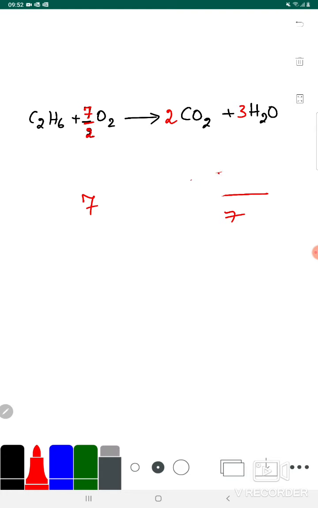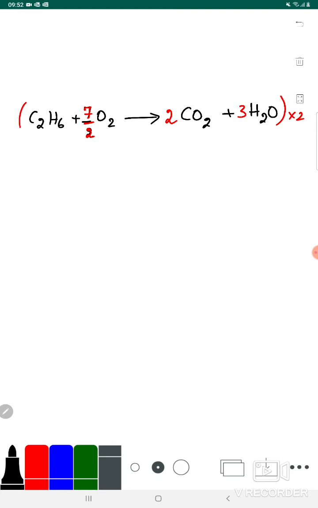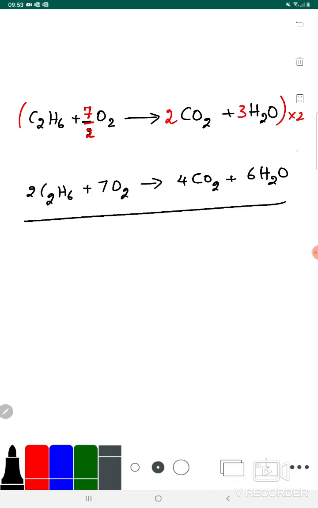Now what I will do, after writing this, I will multiply this entire thing with 2. So that would give me 2C2H6 plus 7O2 gives 4CO2 plus 6H2O. Hence the equation is balanced. Right? This is a different model, little different model. So please make a note.